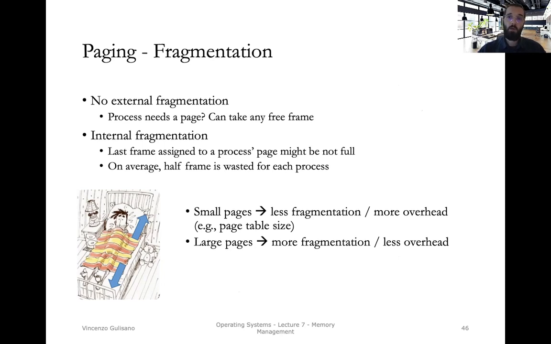On the other end, you end up having internal fragmentation, okay? You need to use at least 1 frame for each page of the process. And it might be that the process does not really require a full page, or maybe it requires 3 point something pages. So on average, half of the last page you need for the process might be wasted, okay?